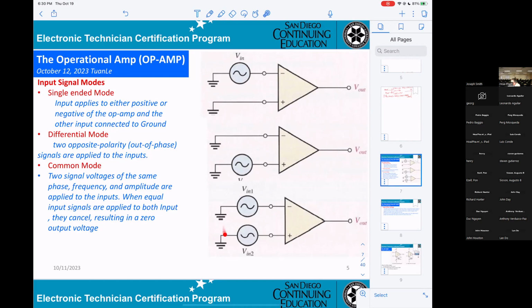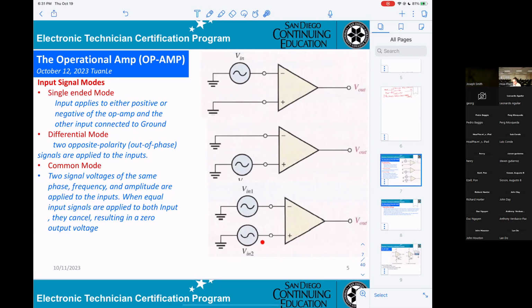That means the signal applied to input 1 and input 2. The first one is single-ended mode, the second one single-ended mode. They apply to negative or they apply to positive, the other one will be grounded. And differential mode means you apply both signals to input 1 and input 2.